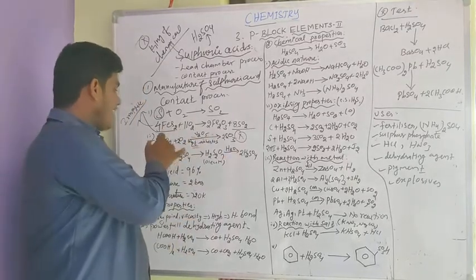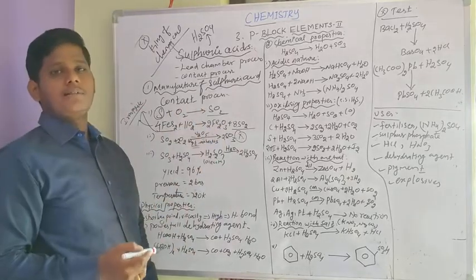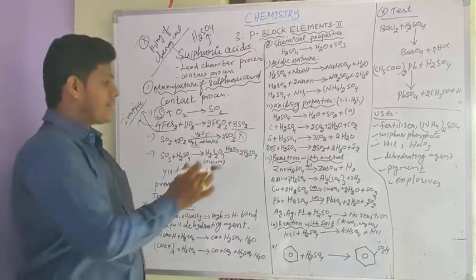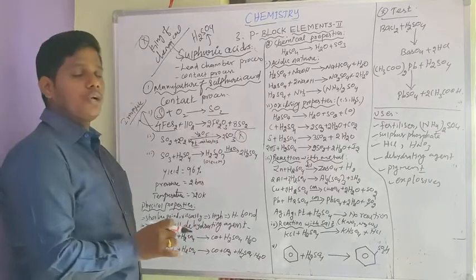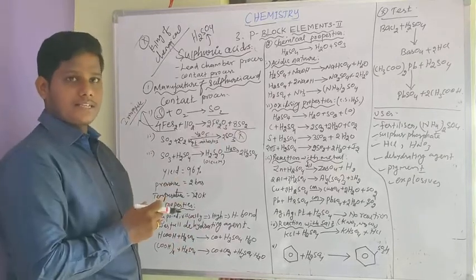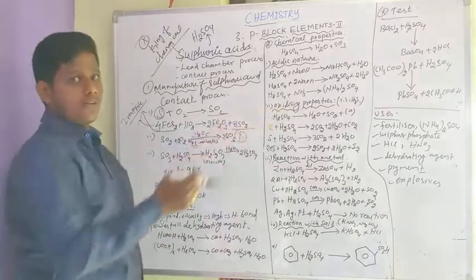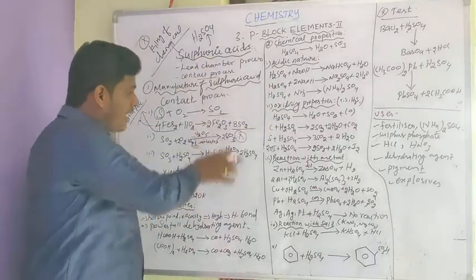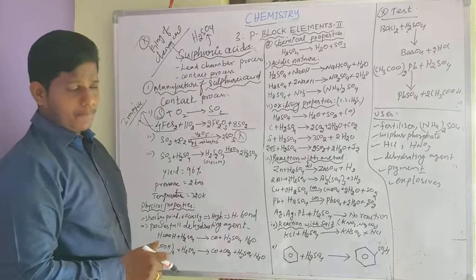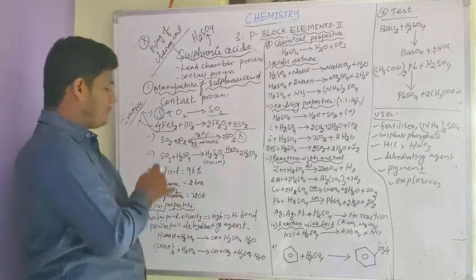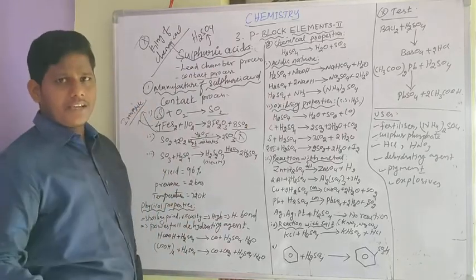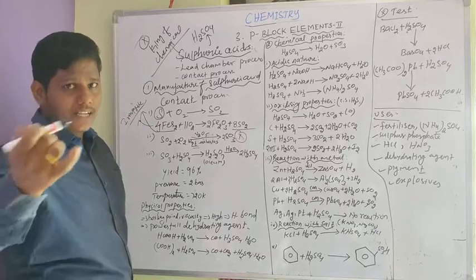This sulfur trioxide is the main important compound for preparing sulfuric acid. In some places SO3 is used directly to form sulfuric acid, but the detailed process is step by step. So the second step is the conversion of sulfur dioxide to sulfur trioxide.